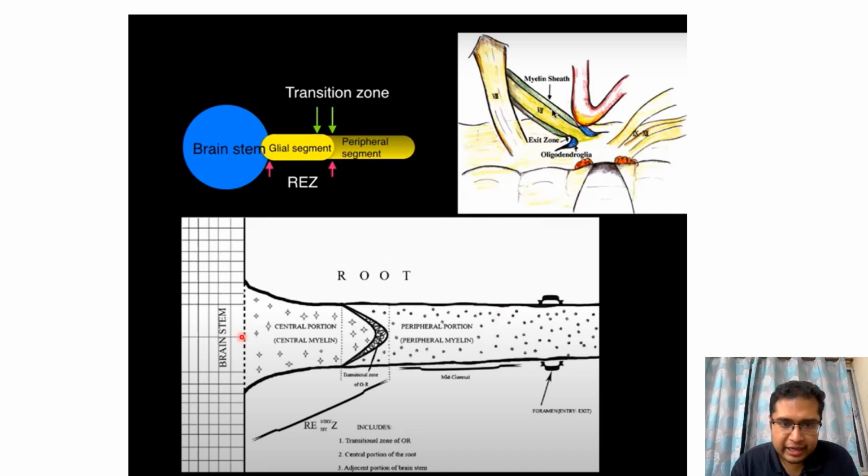So this is again a diagrammatic representation of the central portion of the cranial nerve, which contains the central myelin, and the peripheral portion, which contains the peripheral myelin made by the Schwann cells. And this is the transition zone. So this is a case of neurovascular conflict here within the transition zone.